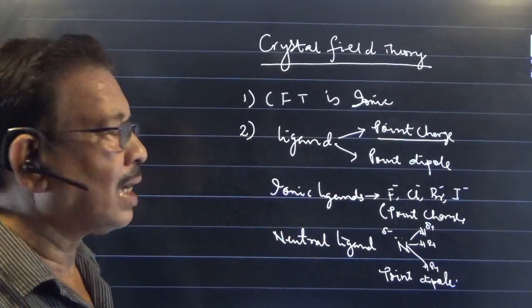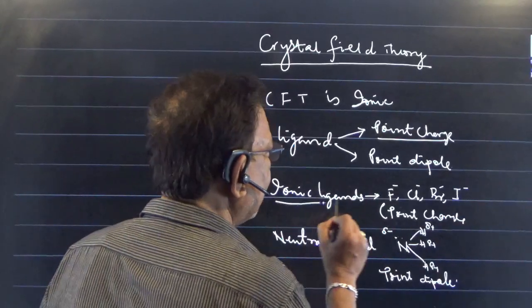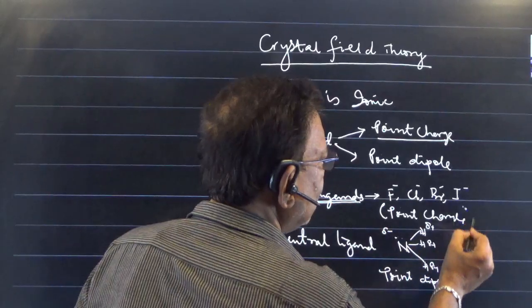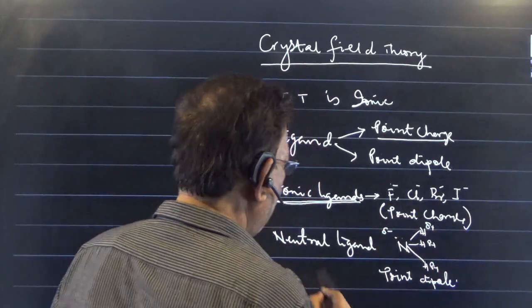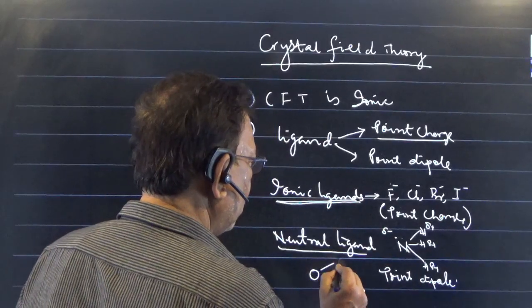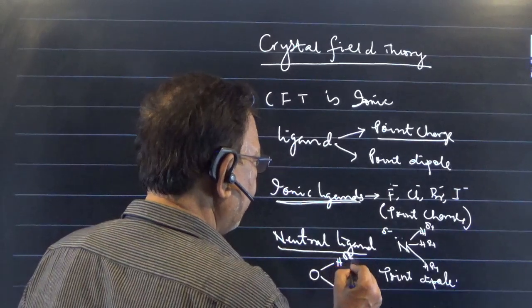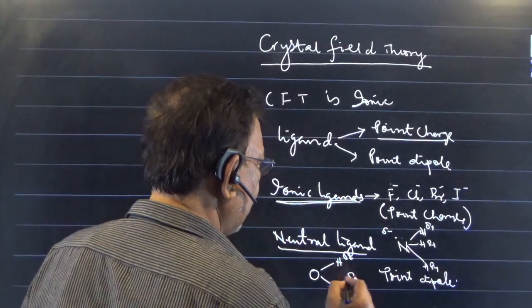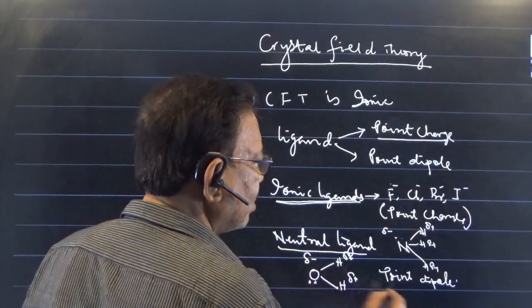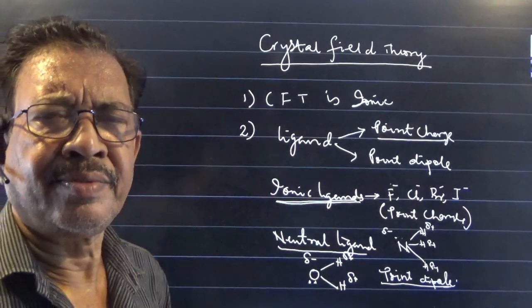Point charge means the ionic ligands which are negatively charged, and neutral ligands like water and ammonia are point dipoles. In water, this is delta plus, this is delta minus, containing a lone pair. That's why it is known as point dipole. Clear?